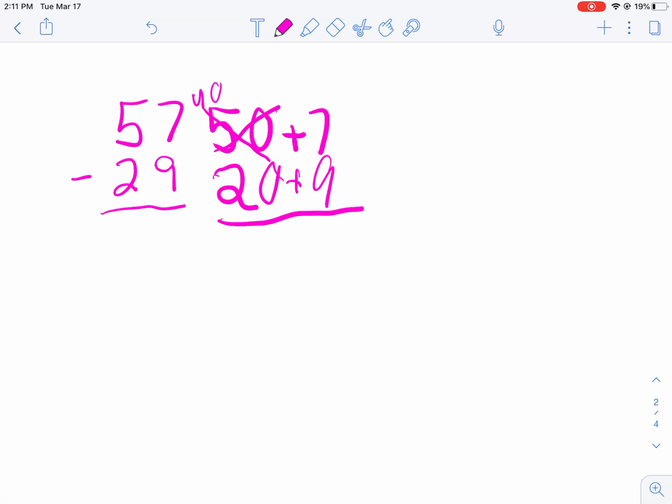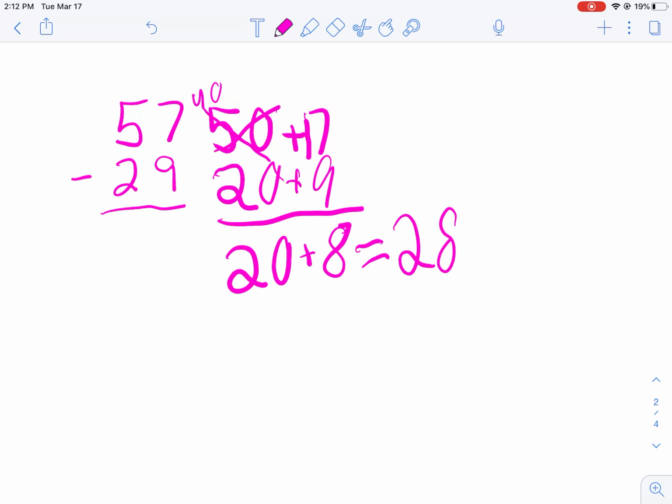And then it's going to be 40 minus 20 equals 20. And then you have to add the 1 to it. And 17 minus 9 equals 8. And then you have to put the plus sign because you're going to add those things together, and the answer would be 28. Good job.